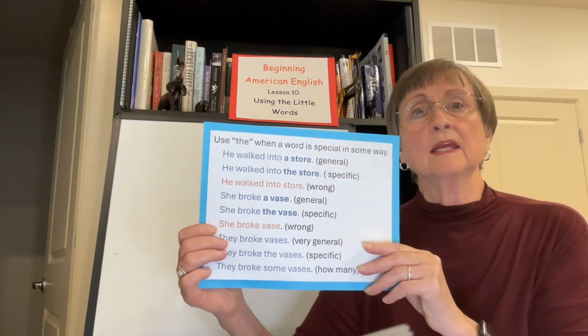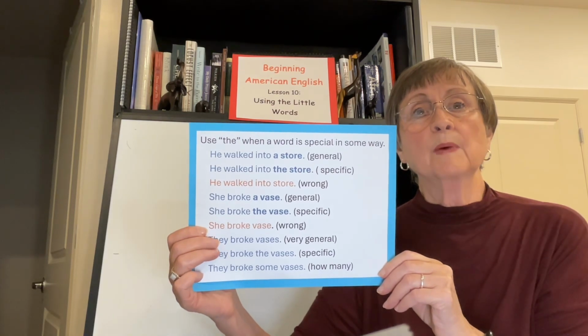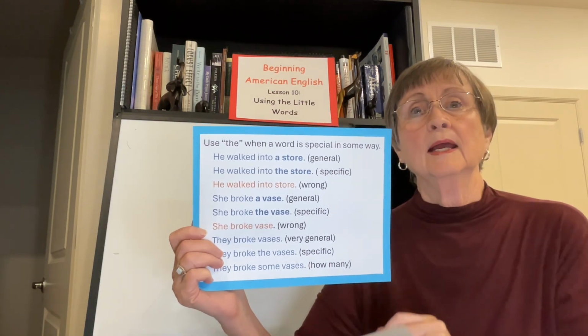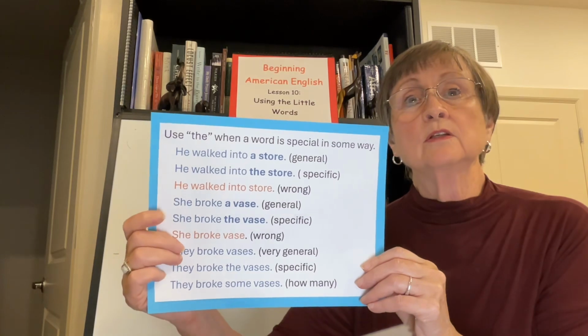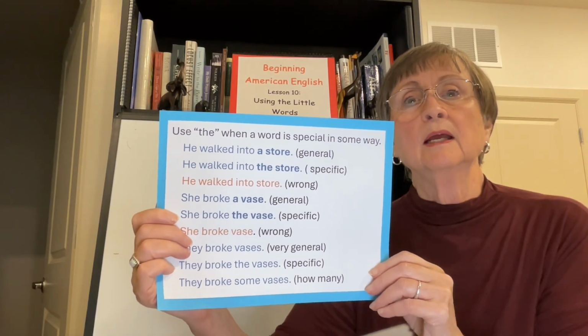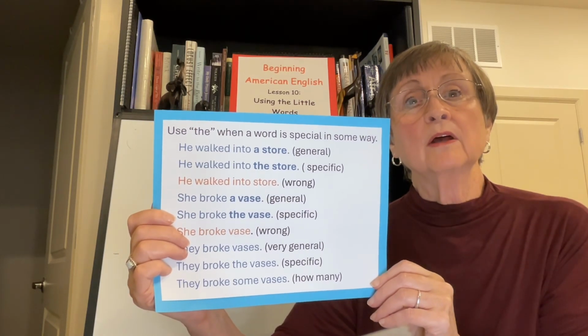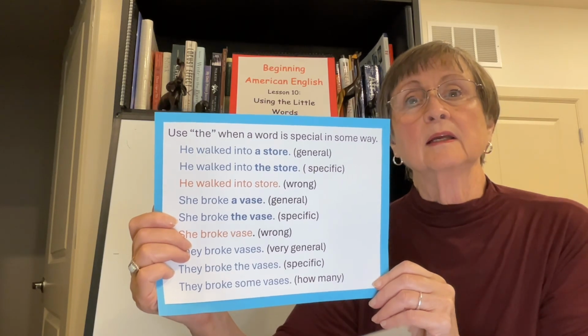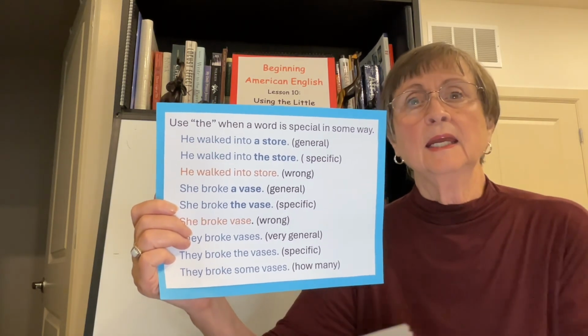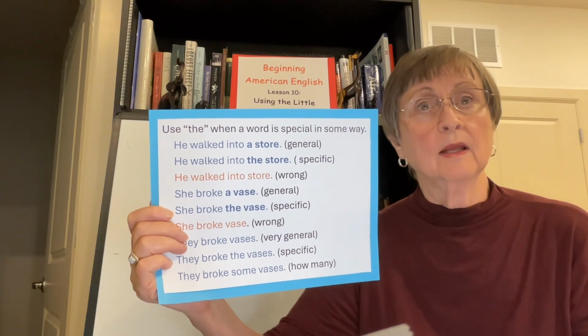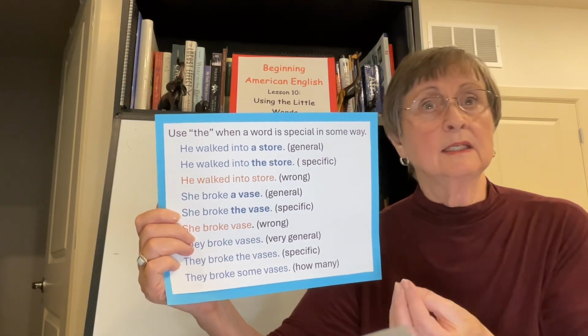Use the when a word is special in some way. He walked into a store, general. He walked into the store, specific. I cannot say he walked into store. It's a singular noun. It needs something.